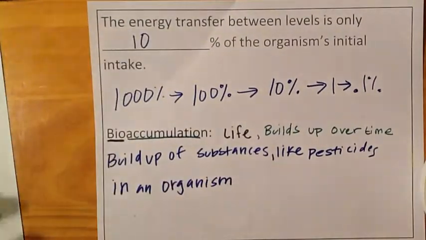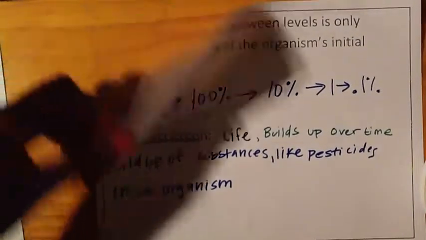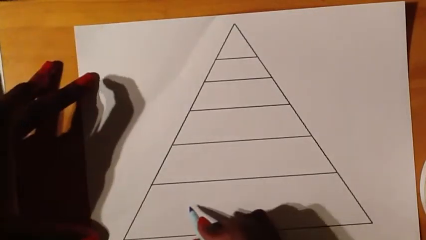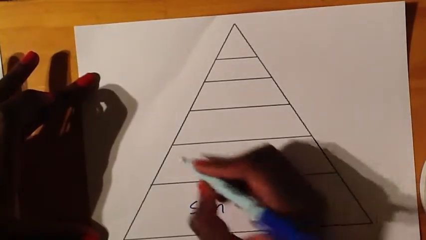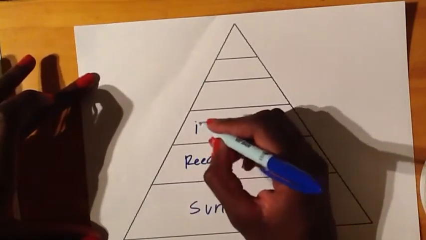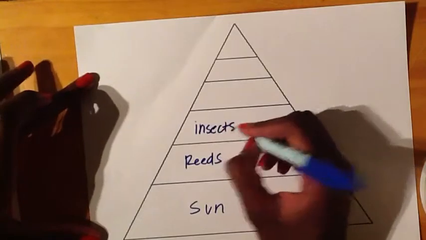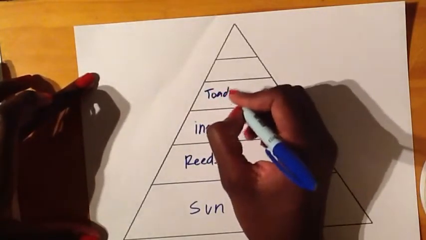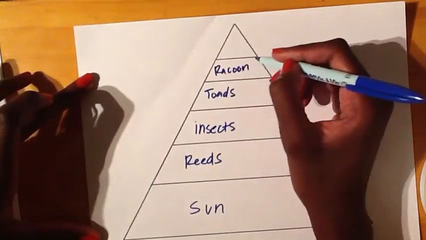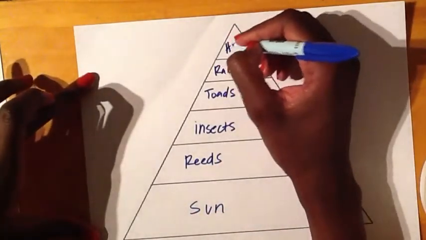So to show this, we're going to use our other pyramid that you have on your sheet. And I'm going to put the same organisms that we did before. So let's start off with the sun. Then we had our reeds, our insects, our toads, our raccoon, and then our hawk.